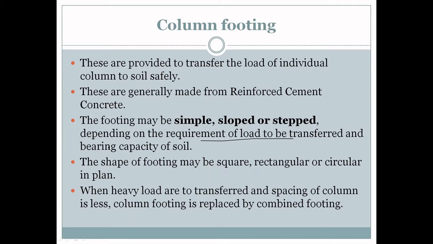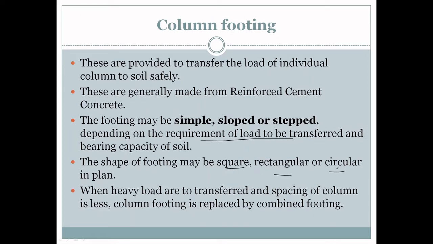If the load of the structure is moderate and the bearing capacity of the soil is not that high, then slope footing or step footing can be used. The shape of the footing may be square, rectangular or circular.